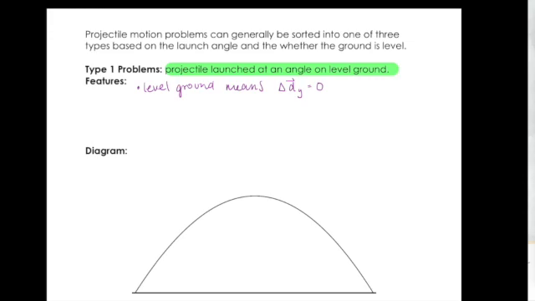Because we're starting from the ground, it goes up in the air, and then we're back at the ground. So vertical displacement is 0 once it hits the ground.